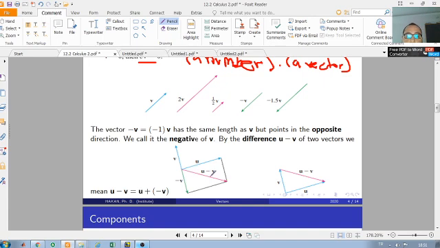So u minus v will be, by using the parallelogram law, since we have the common initial point, we move minus v here, minus v. So u minus v, the order is important, u minus v will be this red vector, okay, u minus v.